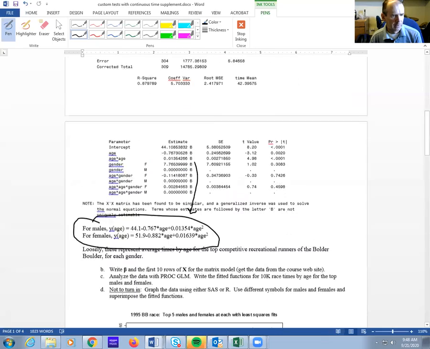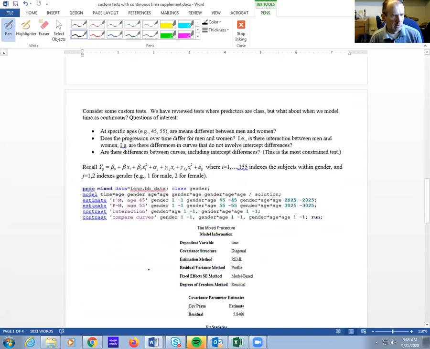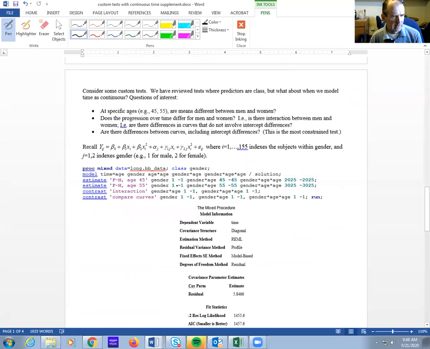So the first column is for men, second column for women. You have to keep track of that though, because if you use M and F as the letters of that variable, then the females would actually be first because F comes before M in the alphabet. So you just have to keep track of which level is first and which is second.